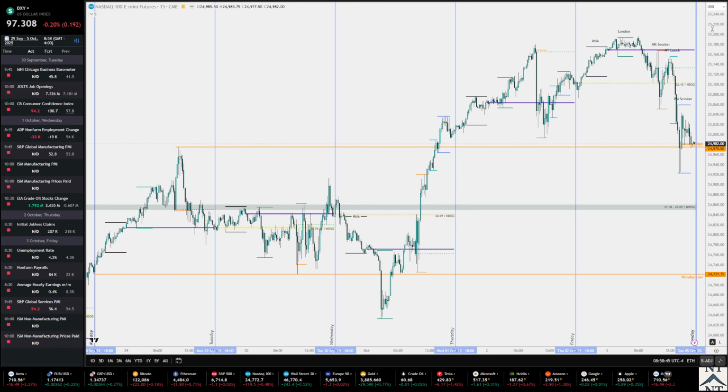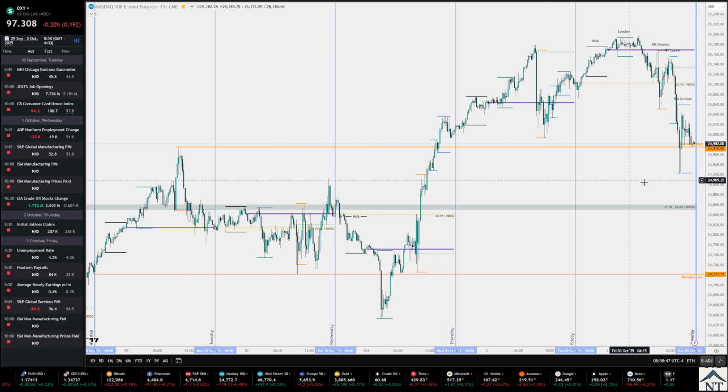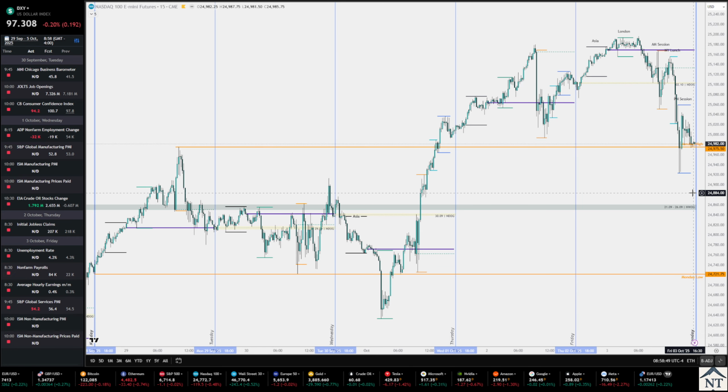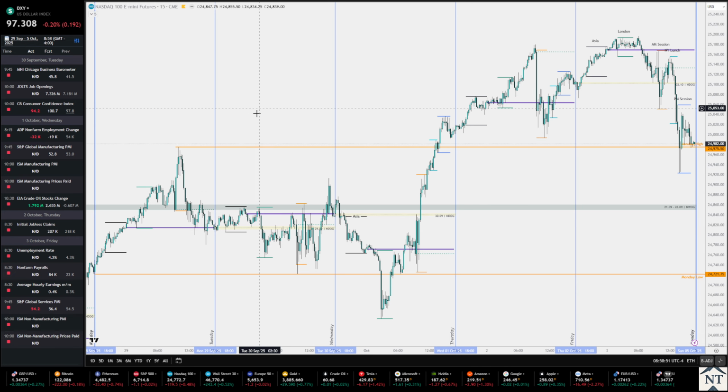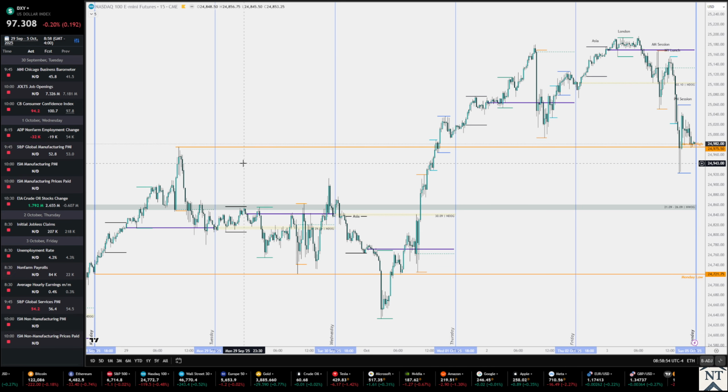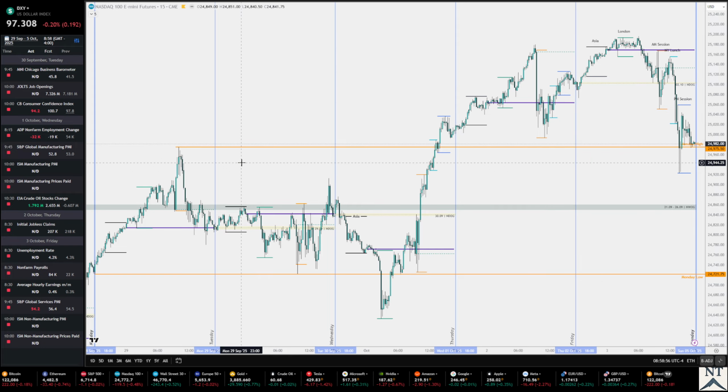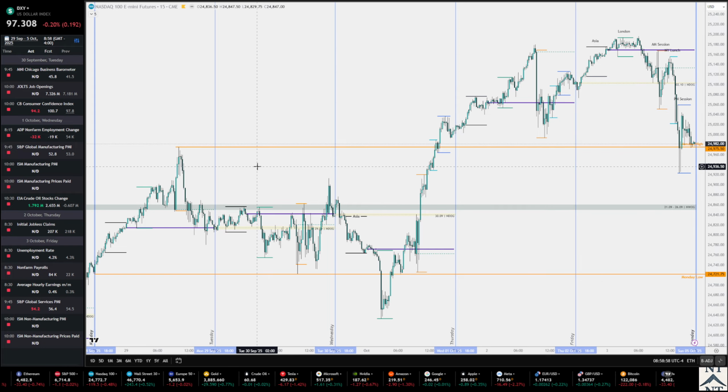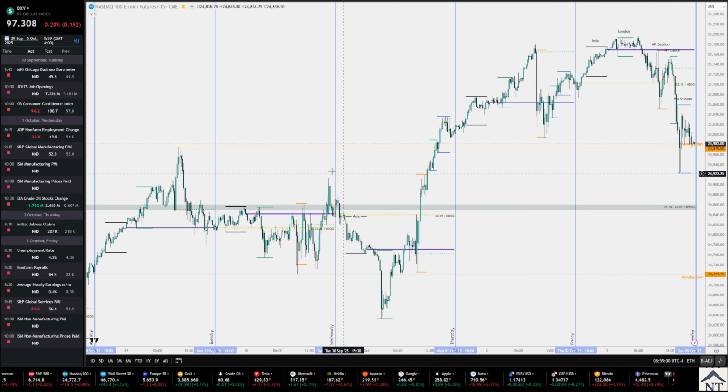The whole week in terms of price action from Monday open to Friday close, and I have some levels and time sessions marked on the chart.